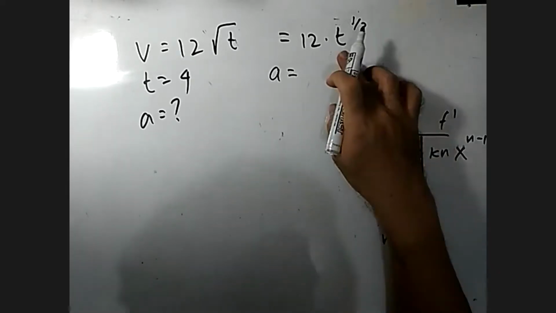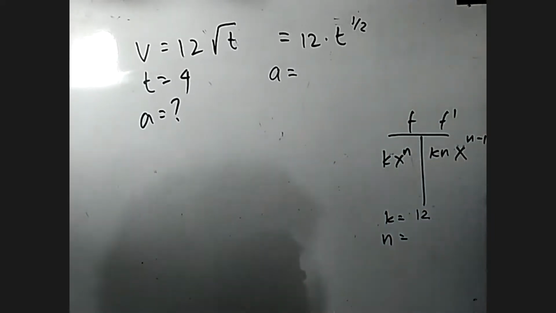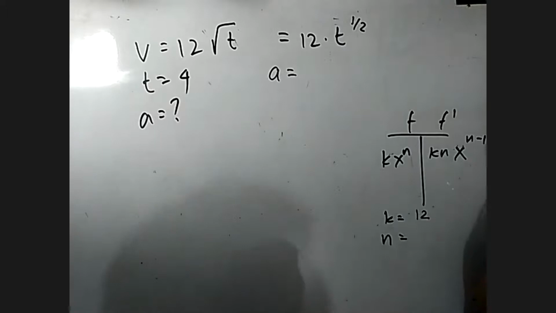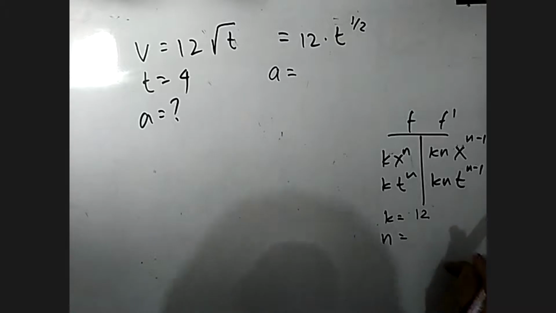No, t is replacing x as the variable that is going to change. So t here is replacing the position of x in this case. Yeah, you have kt power n. Yeah, sorry, k n t power n minus 1. Yeah, my bad.